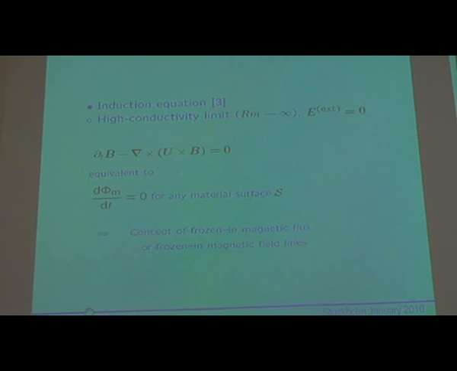And this leads to the concept of frozen-in magnetic flux or frozen-in magnetic field lines. Take a surface in an infinitely conducting fluid and consider the magnetic field lines which cross the surface, or the total flux represented by these field lines.